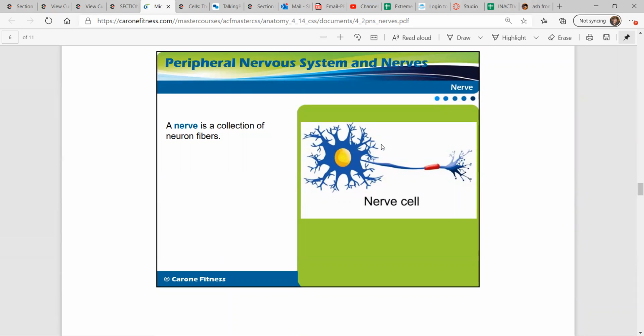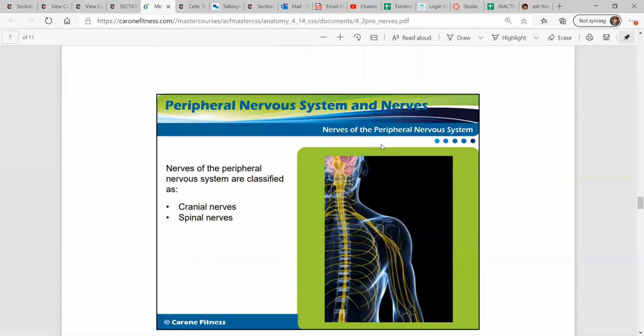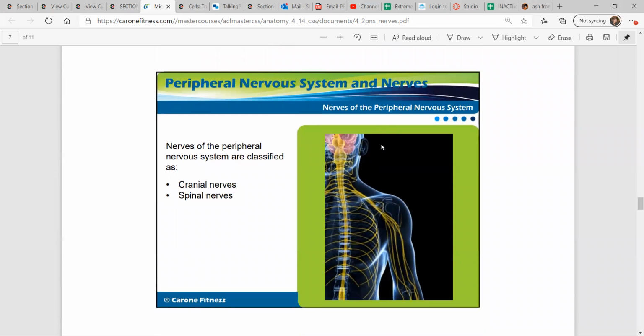A nerve is a collection of neuron fibers. And nerves throughout the peripheral nervous system are classified as cranial nerves or spinal nerves. Cranial, meaning it deals with the brain and nerves in the cranium, or spinal nerves deal with nerves along your spine.